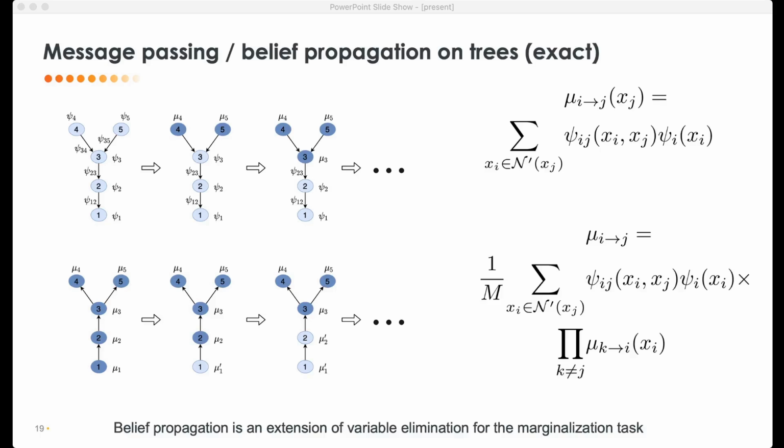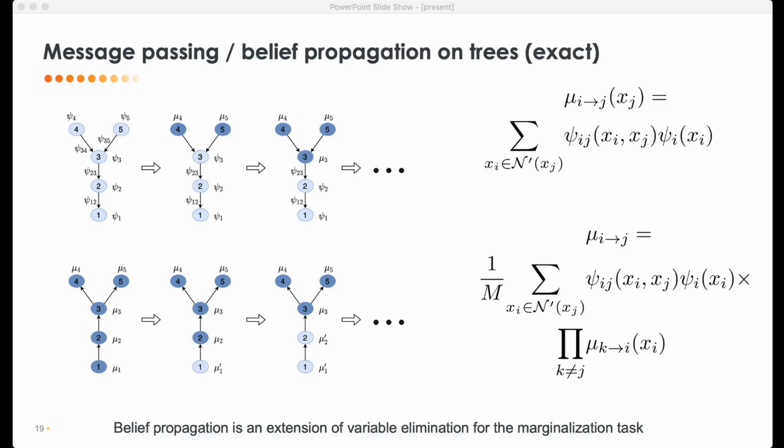After all vertices are processed this way, at the second step, the updates are performed in reverse order, so the parent-child relation is reversed. We update the messages with the sum of local potentials at the current vertex times the messages of the children of this vertex.